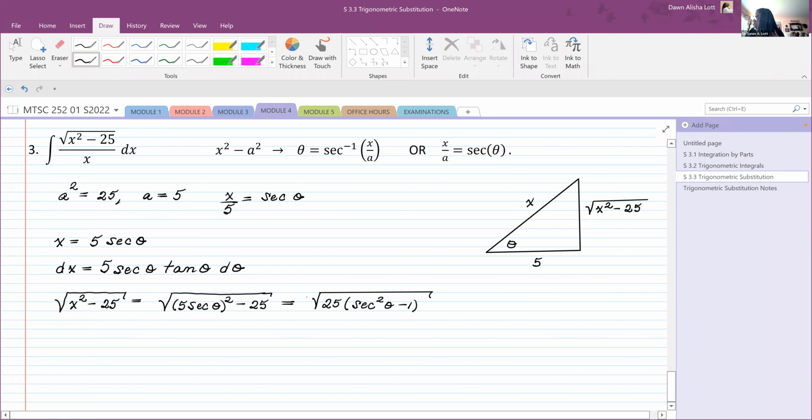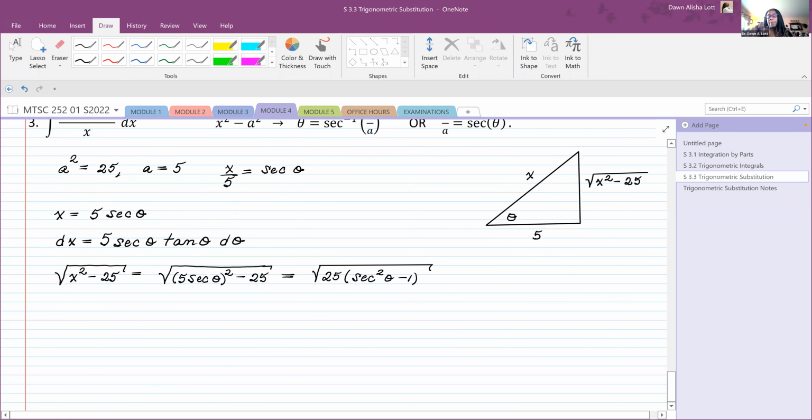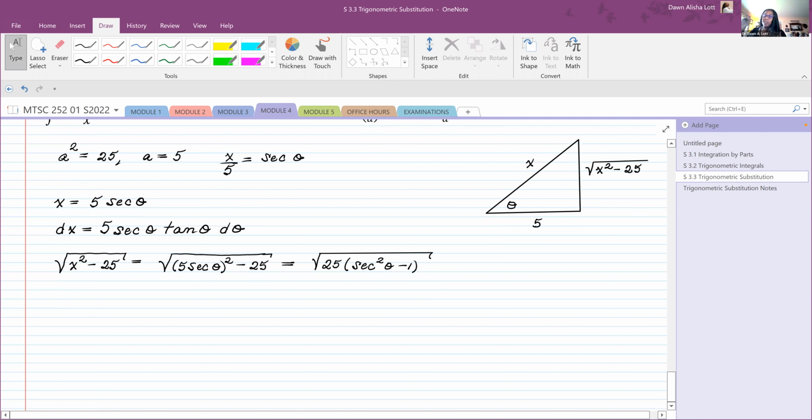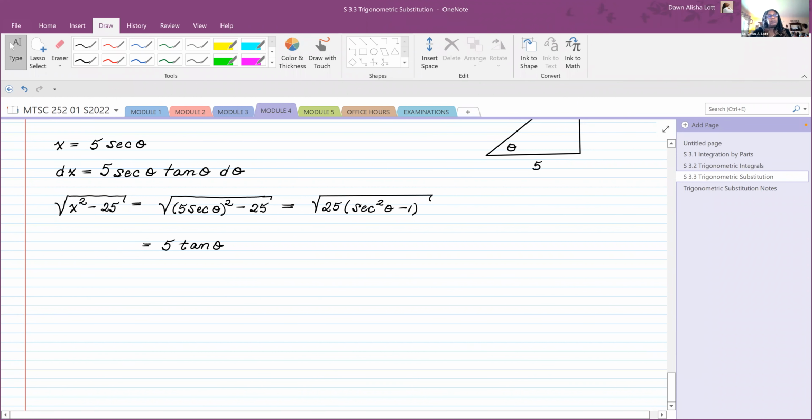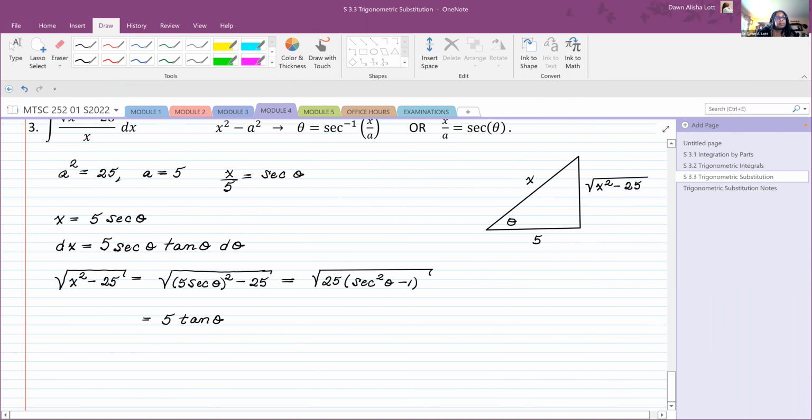But secant squared of theta minus 1 is just tangent squared. So we can already see there's going to be a 5, and then tangent squared is going to give us 5 times the tangent of theta. So the square root of x squared minus 25 is 5 times the tangent of theta. And I believe that. Now we have everything we need.